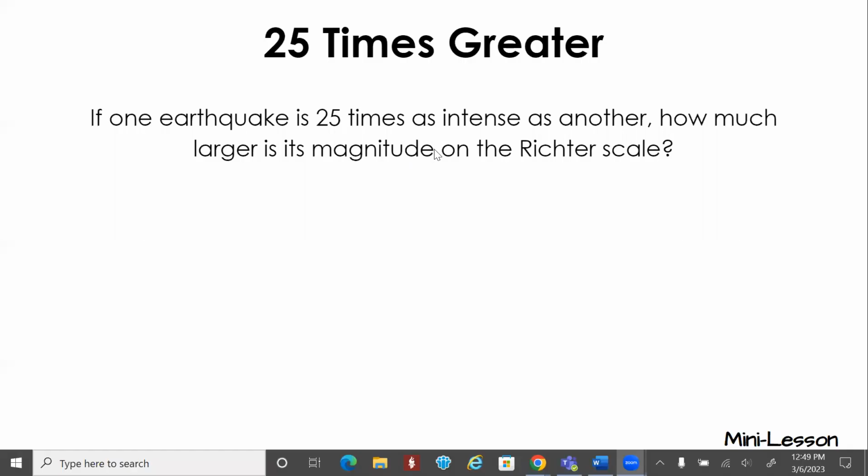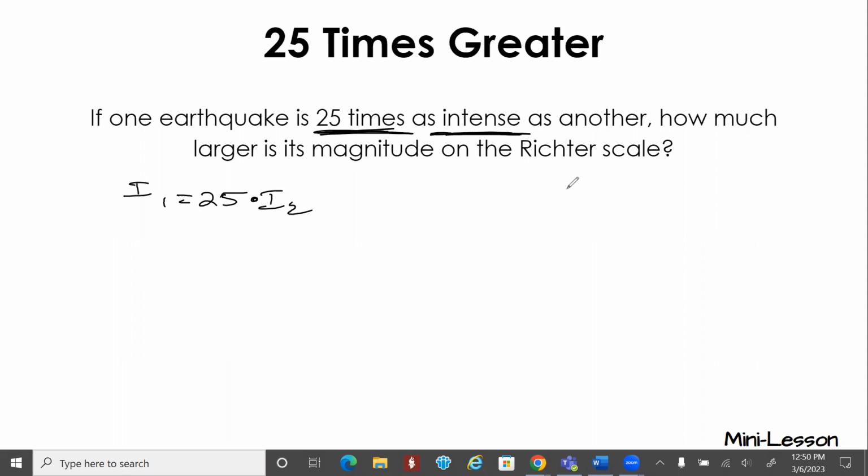So on this last one, it says if one earthquake is 25 times as intense as another, how much larger is its magnitude on the Richter scale? So they told us that I sub 1 is equal to 25 times I sub 2. They told us that from this.